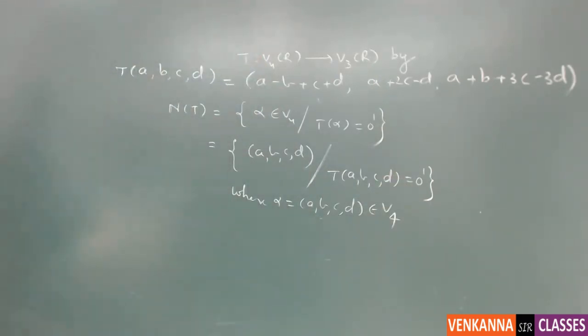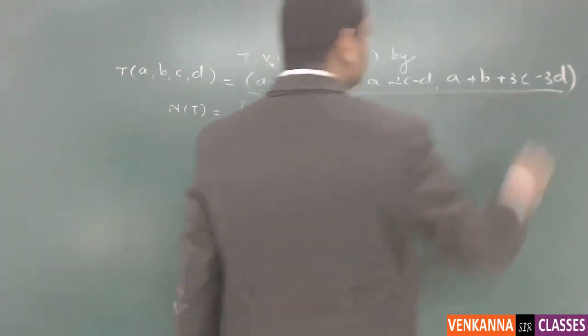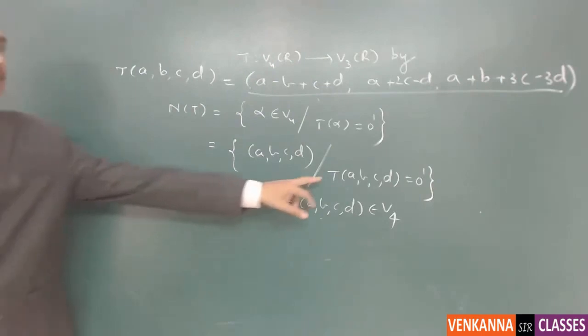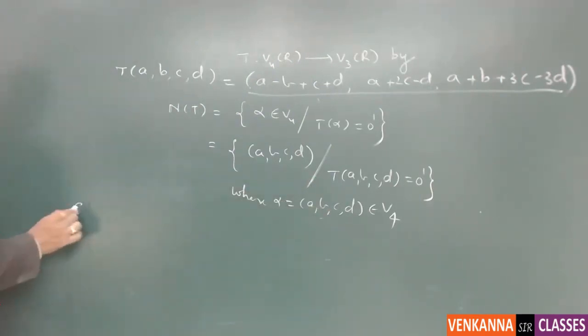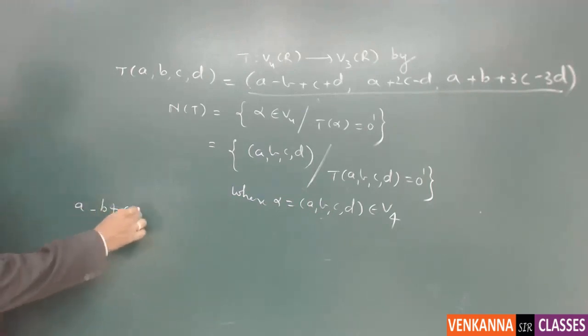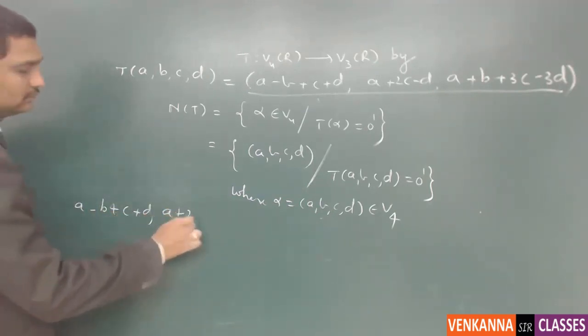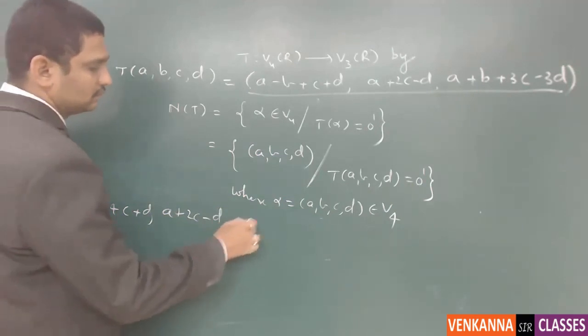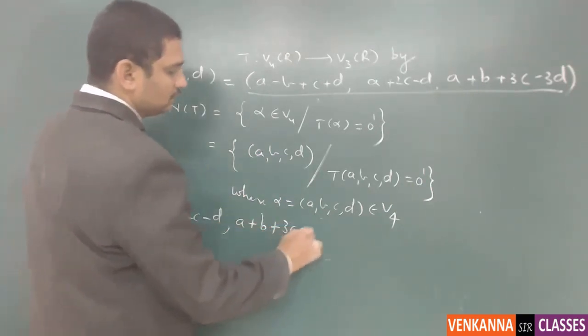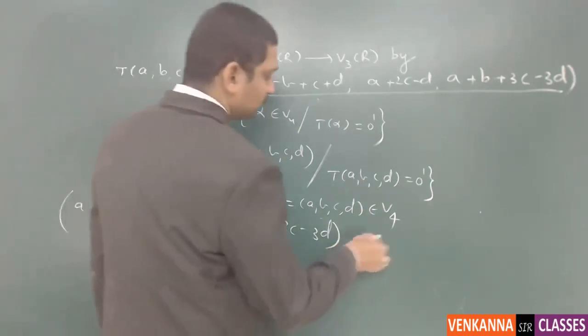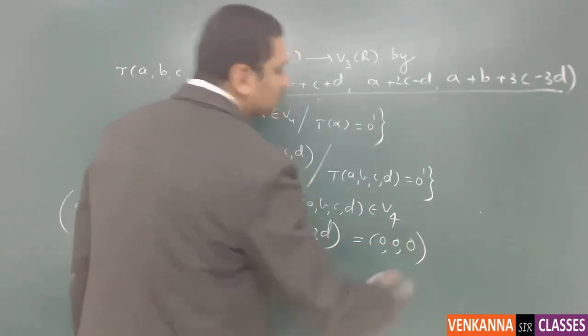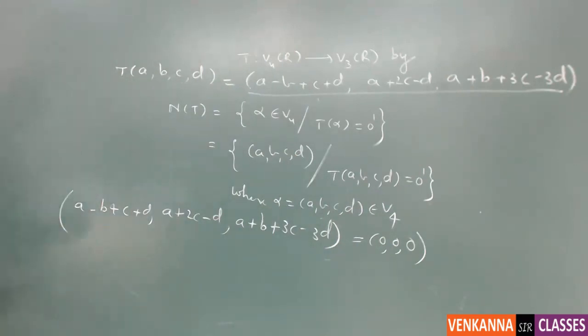Okay, so N of T is nothing but the solution of this, because we were saying T of ABCD is equal to 0. So it means that, equating the values, you will get the homogeneous system.